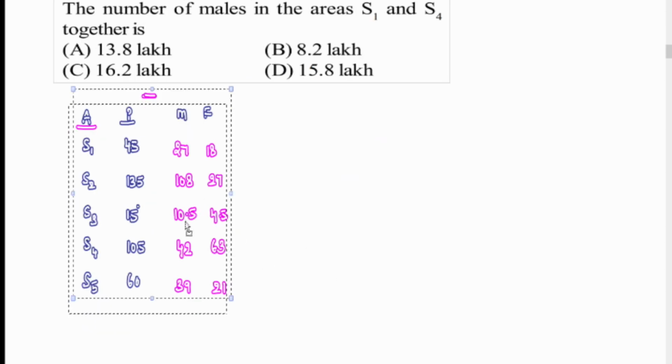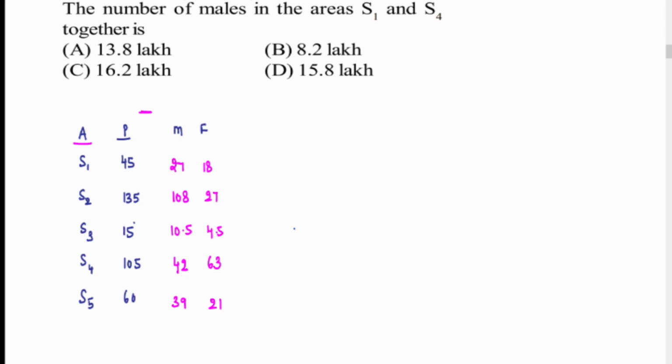Look at the next one. The number of males in the areas S1 and S4 together is... he's asking for the number of males in S1 and S4. In S1 we have 27, in S4 we have 42. So 27 plus 42 is 69 degrees. Convert it into value. The total is 72 lakh.